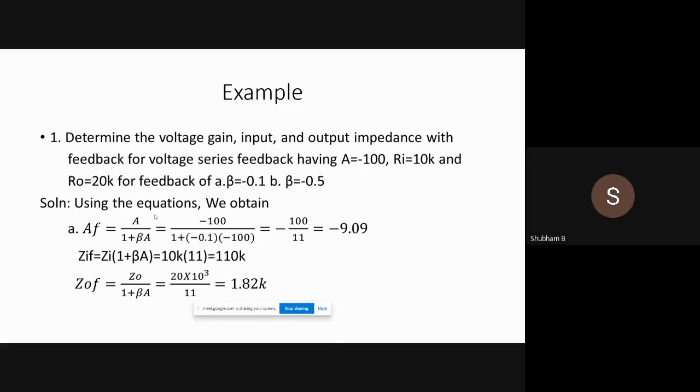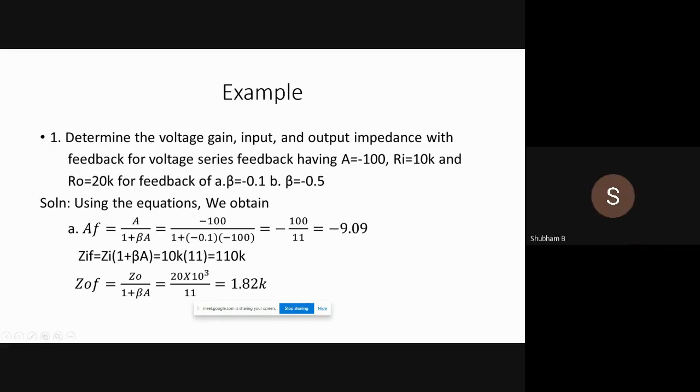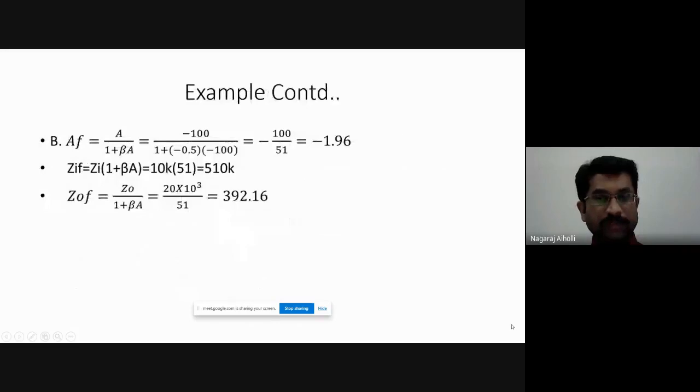ZIF is 510 K. Z0F? So 400. Okay, let us check.